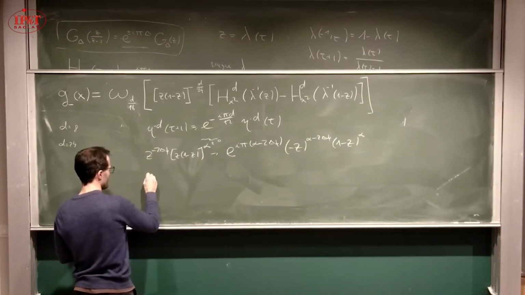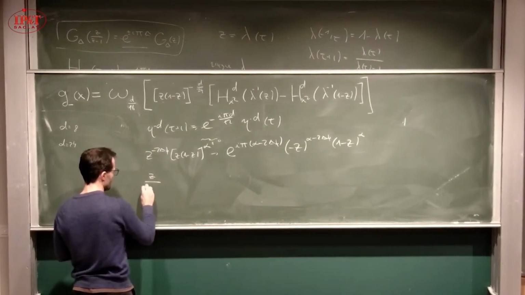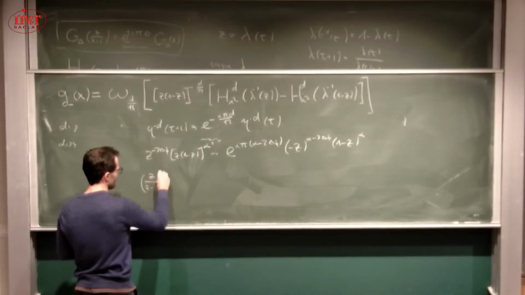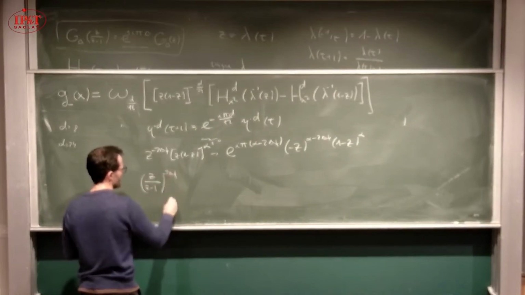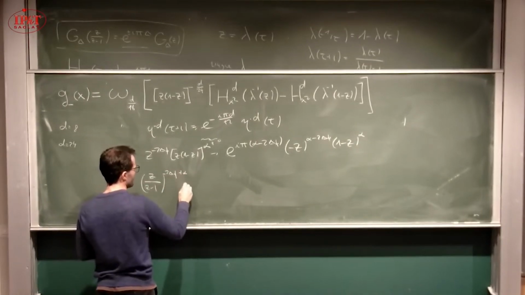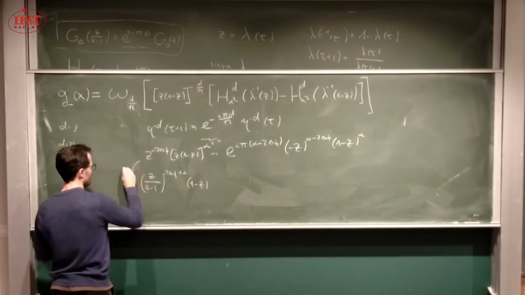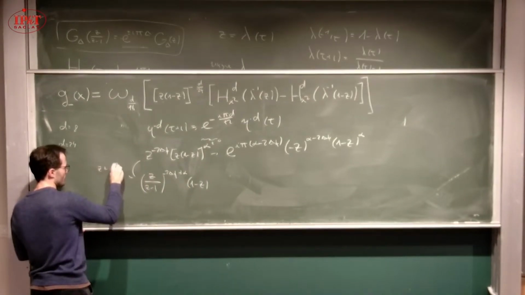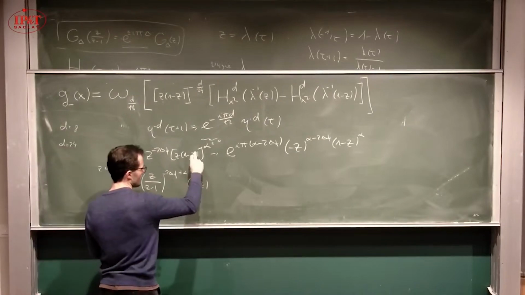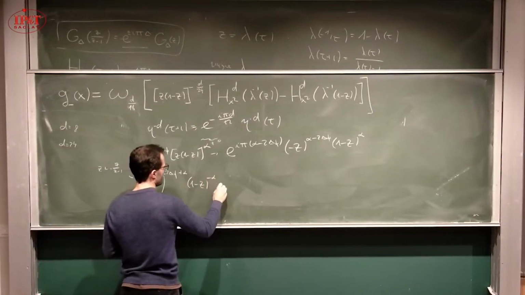And now I evaluate the function at z over z minus 1 instead. Plus alpha, and this turns out to be equal to minus z. So now I send z to z over z minus 1. It turns out it just flips alpha.